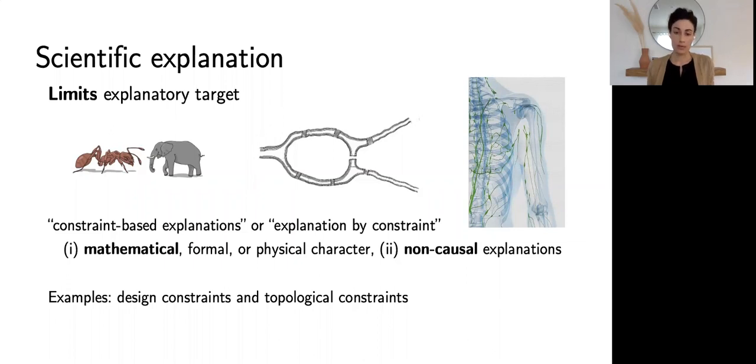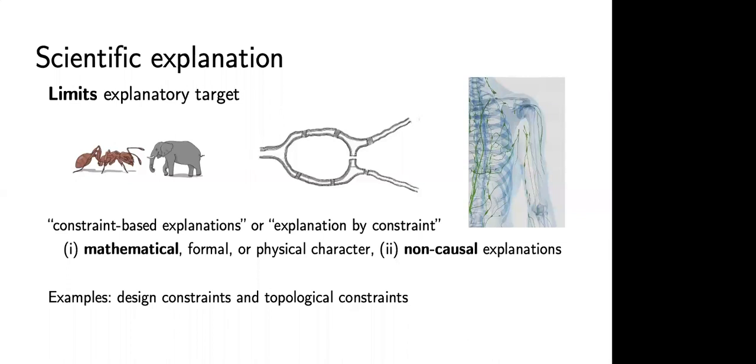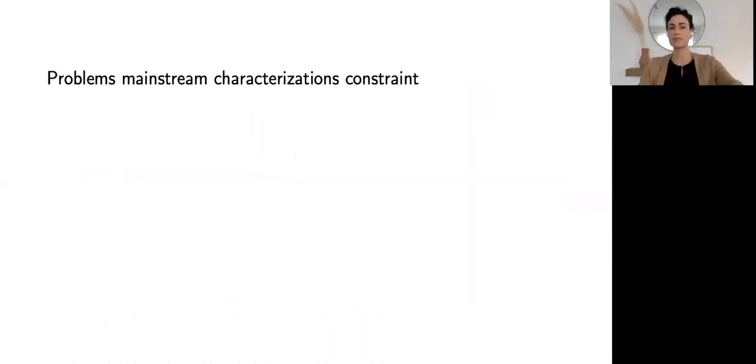While these accounts have made various aspects of constraints much more clear, they're still hampered by a few problems. A first kind of problem that these accounts face is that they lack any kind of serious attention to or discussion of causal constraints.